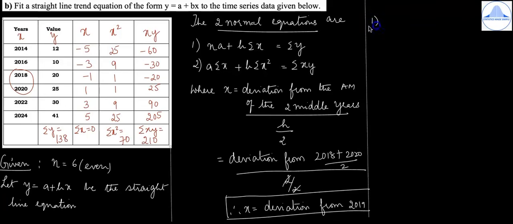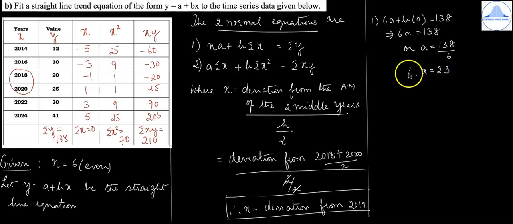So take the first normal equation, na. So it is 6a plus b into 0 is equal to 138, which implies 6a is equal to 138, or you will get a is equal to 138 divided by 6. So therefore a is equal to 23.